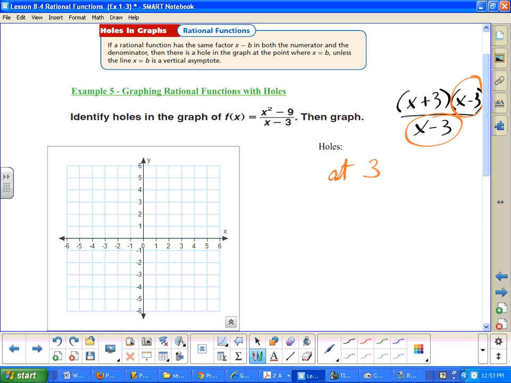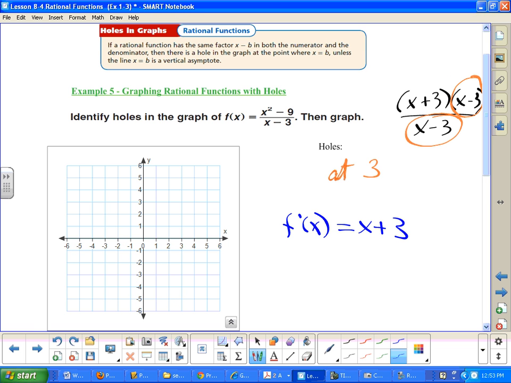So if I simplify that, I cross them out, what am I left with? x plus 3. So we have f of x equals x plus 3. What's the graph of that? That's a line, right? With a slope of 1 and a y-intercept of 3.